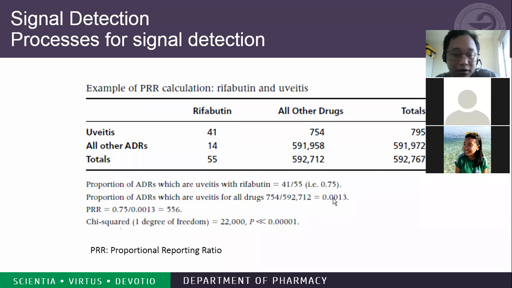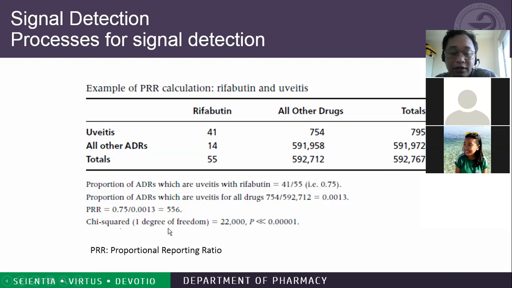Then we divide the first proportion by the second proportion, and we have 556. So this proportional reporting ratio is very high.